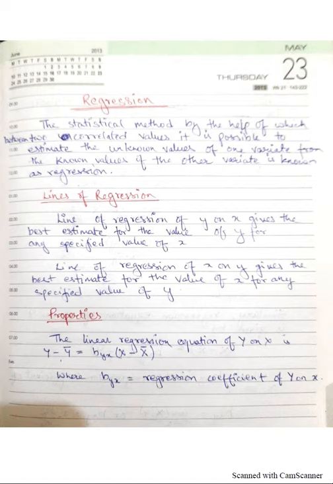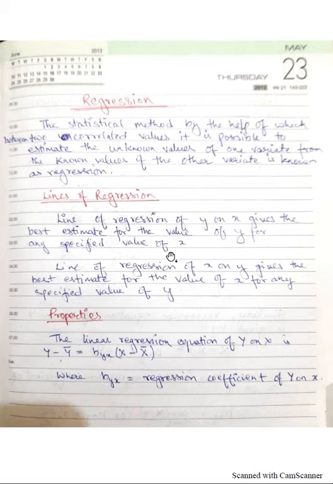So what are lines of regression? The line of regression of y on x gives the best estimate for the value of y for any specified value of x. I'll repeat it again. The line of regression of y on x gives the best estimate for the value of y for any specified value of x.